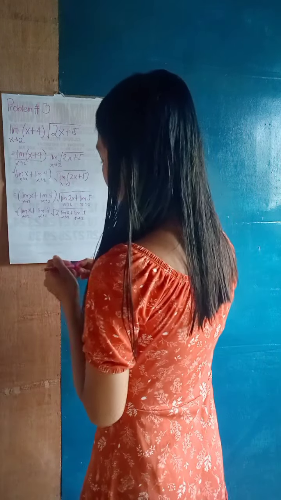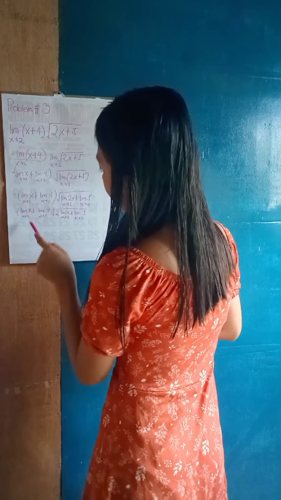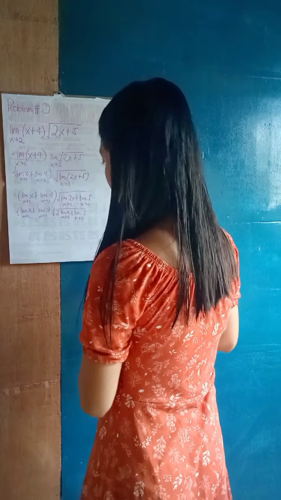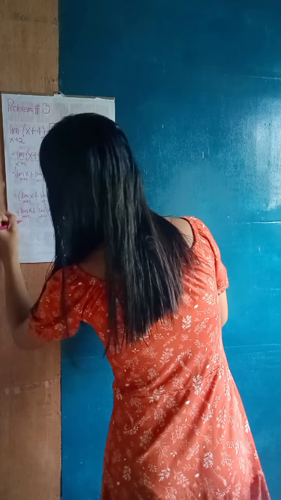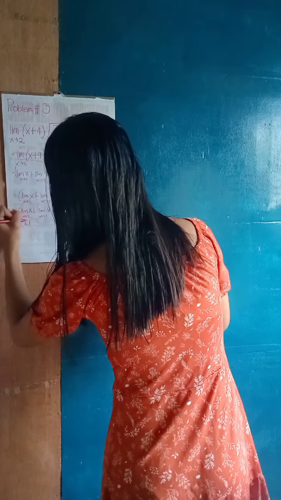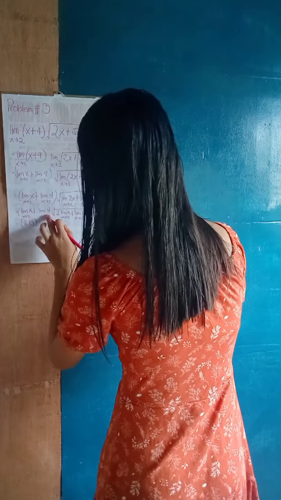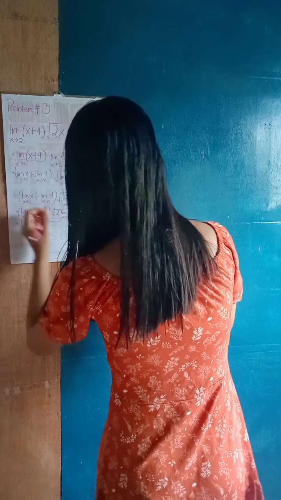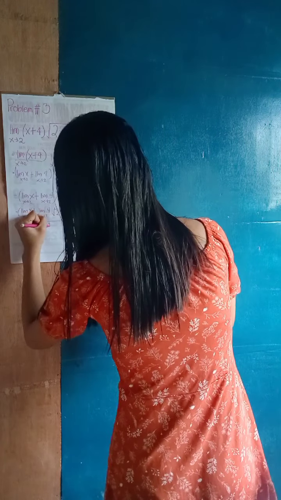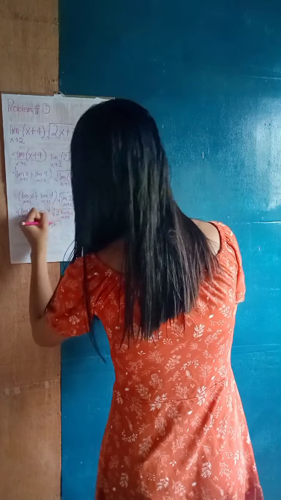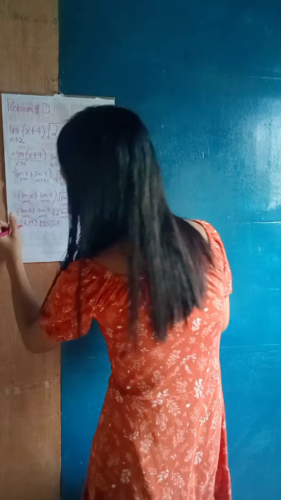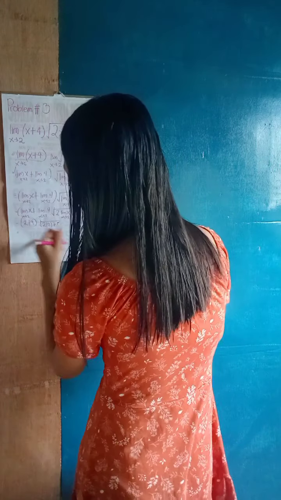Then, apply the value of a to limit x. So that is limit number 2. So this will become 2 plus 4, since 4 is constant, square root of 2 times 2 plus 5, and since also 5 is constant, then perform the indicated operation.